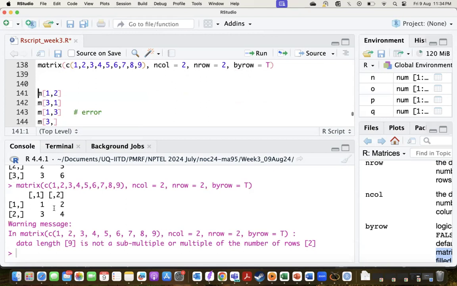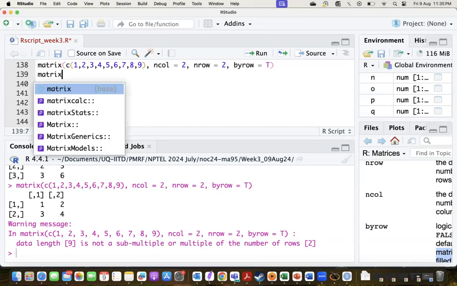It does give me a matrix. Since I said by row, 1 and 2 go in the first row, 3 and 4 go in the next row. And then it says warning: in the matrix, the data length, which you said 9, is not a submultiple or multiple of the number of rows.